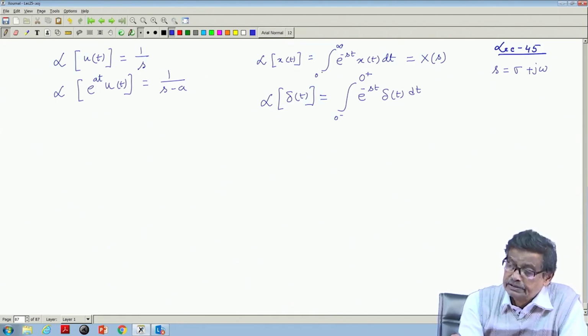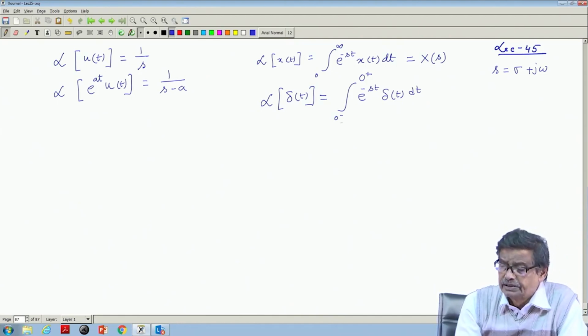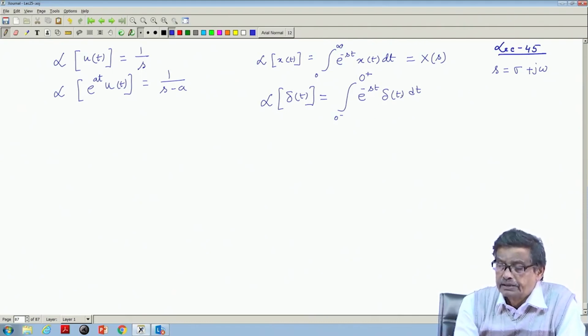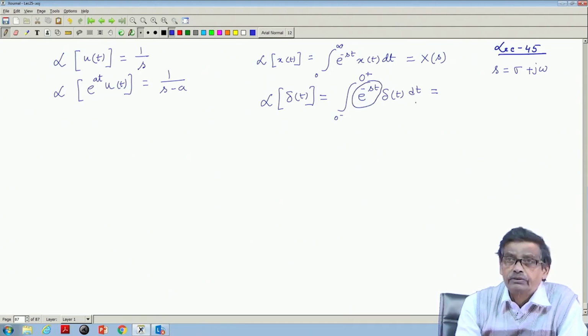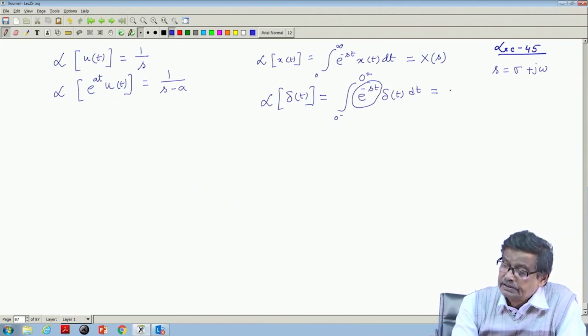So, this integral from 0 to infinity is essentially 0 minus to 0 plus, and when you integrate a function multiplied by delta t, it gives the functional value at t equal to 0, which will be equal to 1.